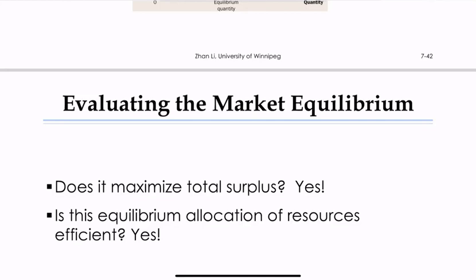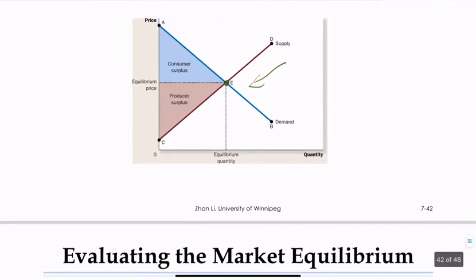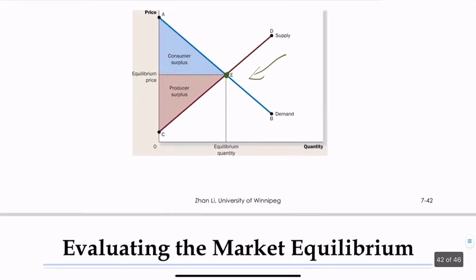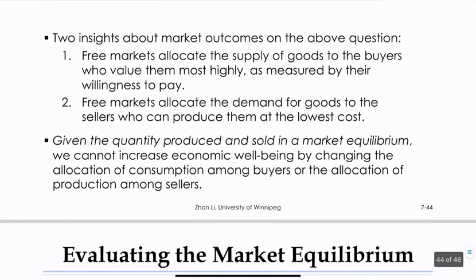Well, you can see that the first question is essentially equivalent to the second question, because if the market equilibrium E is maximizing total surplus, then the allocation at market equilibrium E has to be efficient. So now the question is whether the market equilibrium E allocates resources efficiently, whether it is maximizing total surplus. So let's see this here.